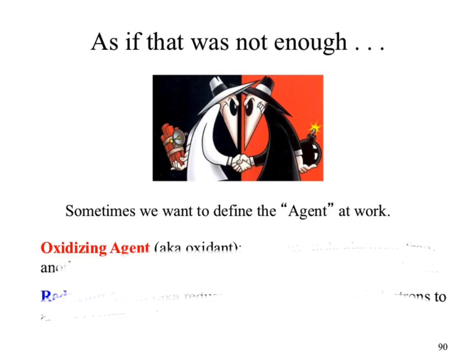It's stealing. It gained electrons, it was reduced. Why did we call it an oxidizing agent? Because it causes something else to be oxidized. If something else is oxidized, what had to happen to the original? It had to be reduced.